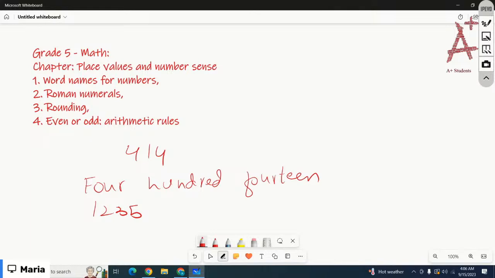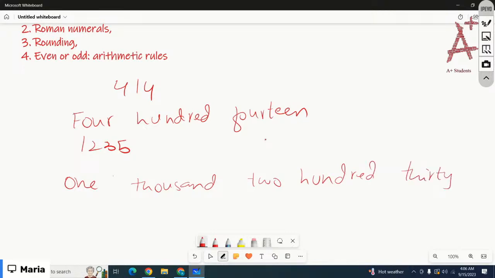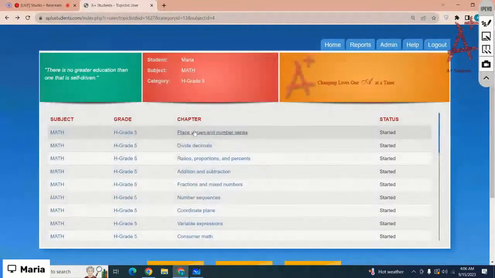The correct option is 1235. This is the word name of a number. Let's start with the practice questions. Let's go to the lesson and do the practice questions.